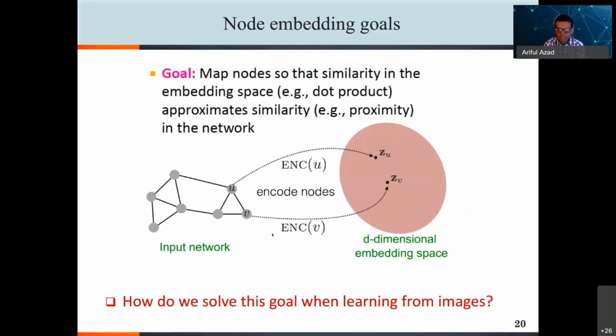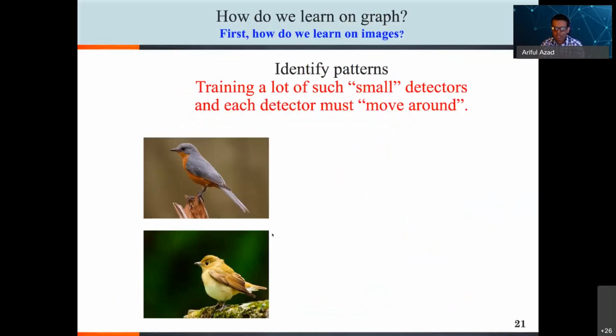We also do similar stuff in images. So let us take a look at images first, because images are simpler, and most of us may know about this. Suppose you'd like to classify the image of a bird. What we typically do is we try to identify features.